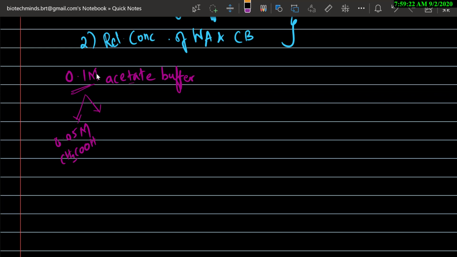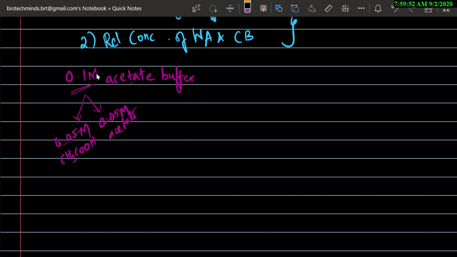So the weak acid has to be present in 0.05 moles, and the remaining half has to be its conjugate base, acetate. So if these two molar components are present in an equivalent amount for an acetate buffer, that is 0.05 plus 0.05, that gives rise to 0.1 molar, then this factor will provide you the effective range of buffering action.